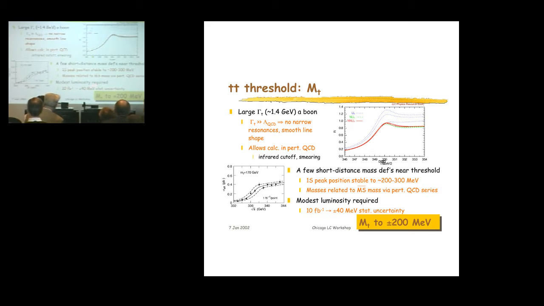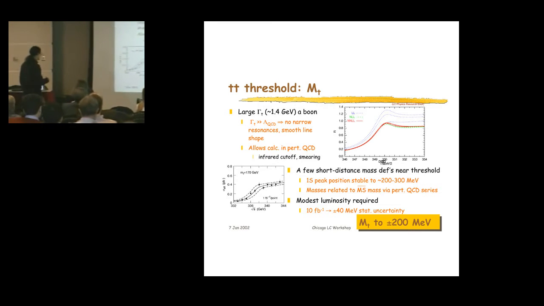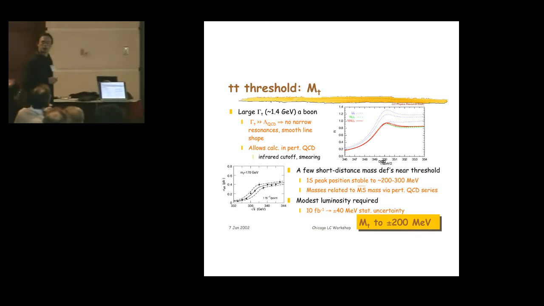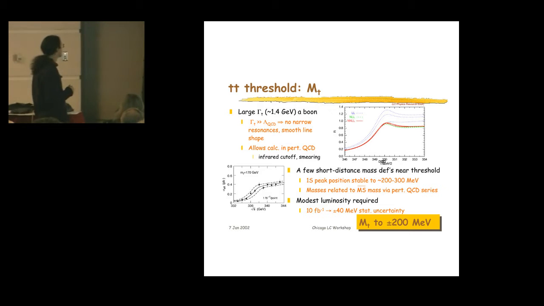And so overall, from the threshold, you can extract a top quark mass at the level of about 200 MeV, a factor of at least 5 better than what you'd expect from measuring the pole mass at hadron machines.